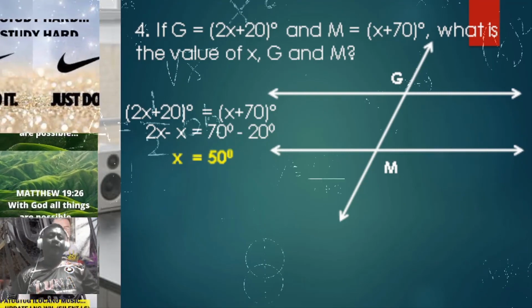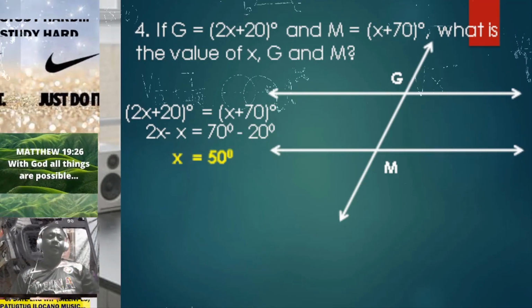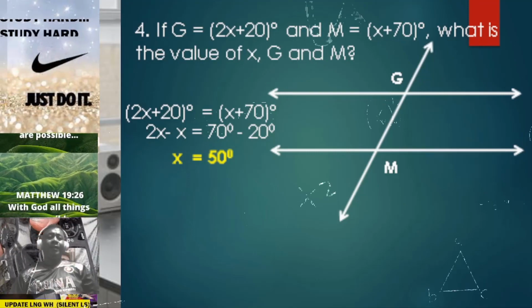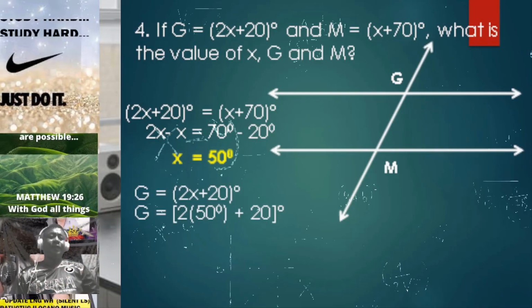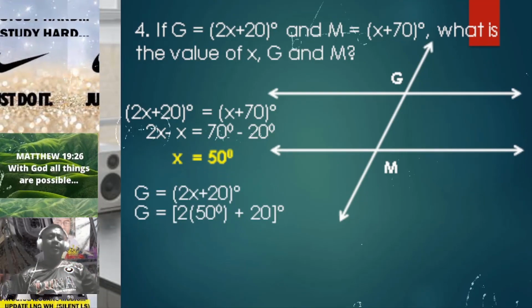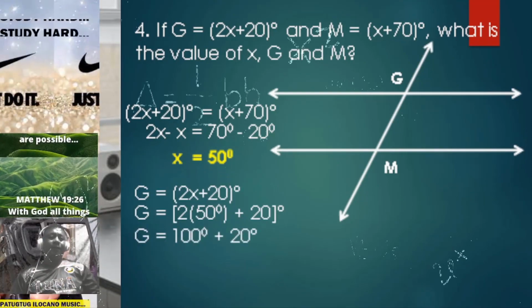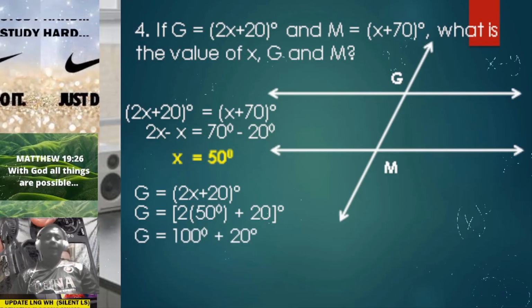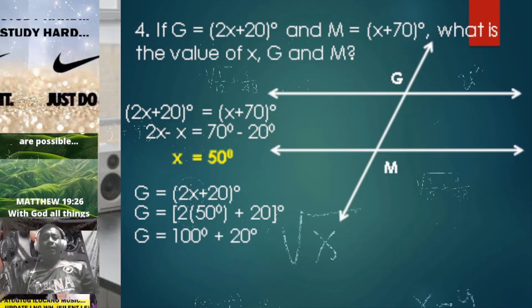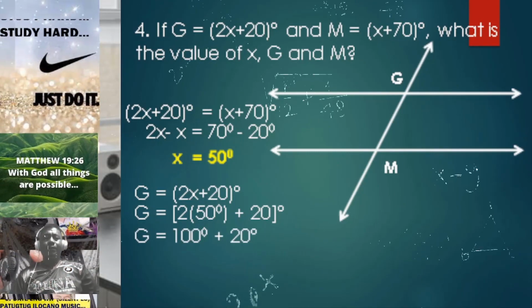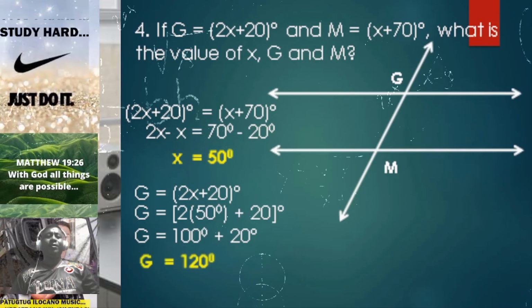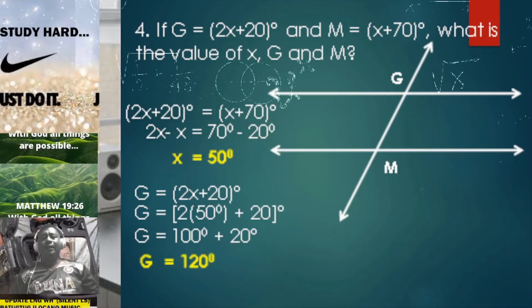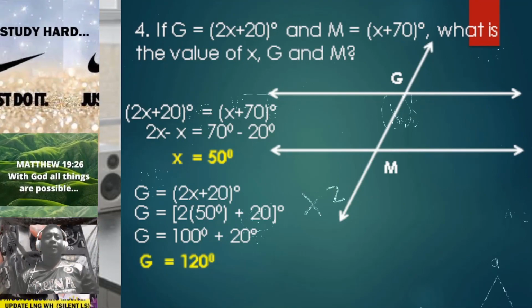Substituting the value of x, which is 50 degrees, to the measure of angle G, we have 2 times 50 degrees plus 20 degrees. This is just equal to 100 degrees plus 20 degrees, which is simply equal to 120 degrees. The measure of angle G is 120 degrees.